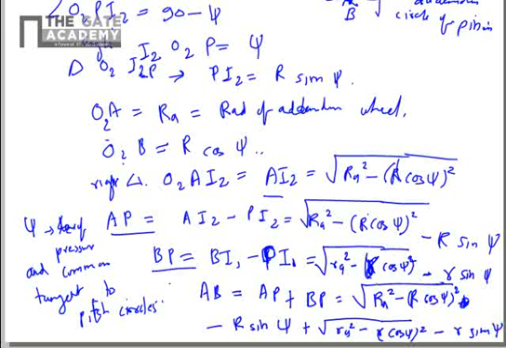So expressed in terms of the radii of the addendum circles, capital RA and small ra, the radii of the pitch circles, small r and capital R, and the pressure angle xi, that is the angle between the pressure line and the common tangent to the pitch circles.